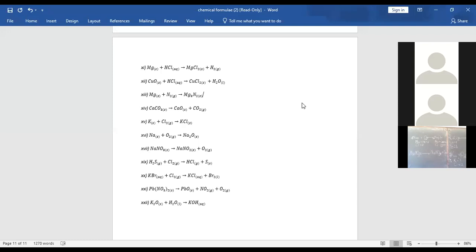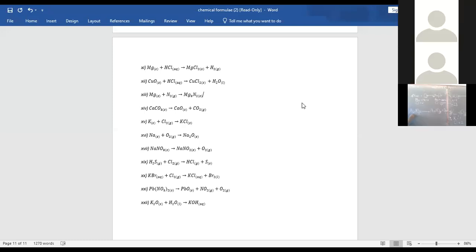Okay, for the next number, sodium nitrate gives us sodium nitrite and oxygen. So there is 1 atom of sodium on the left hand side. Then there is also 1 atom of nitrogen on the left hand side and 3 atoms of oxygen.